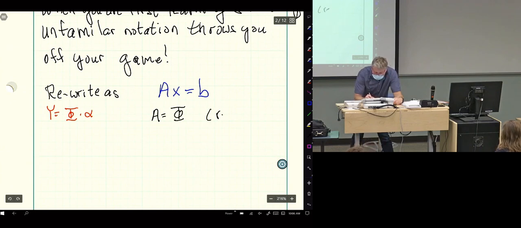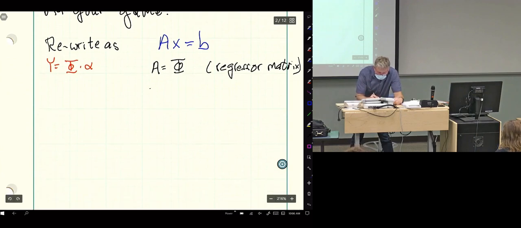We'll call that a regressor matrix later on. x is alpha. Okay, that's our unknowns.